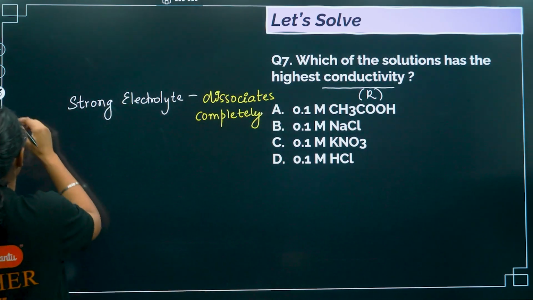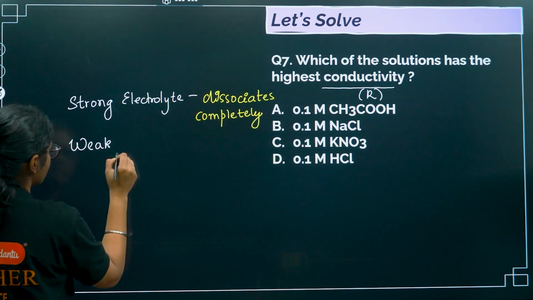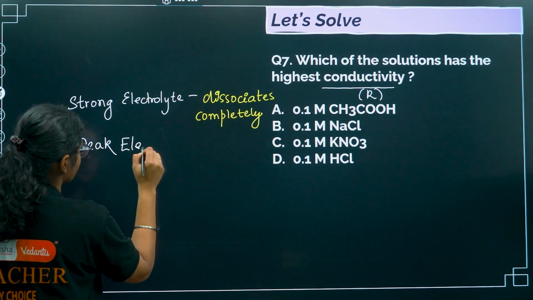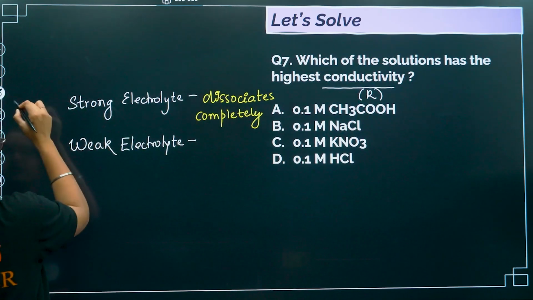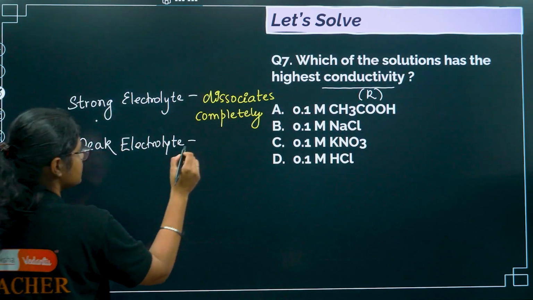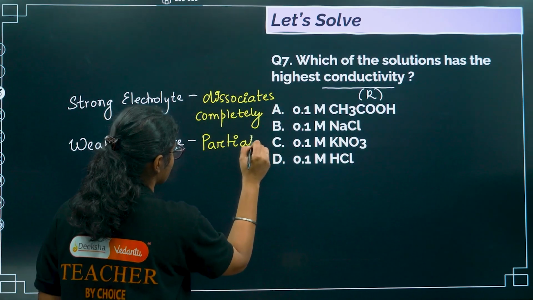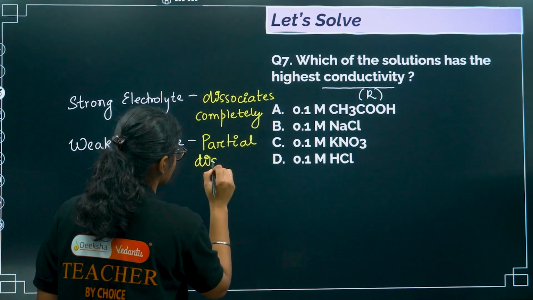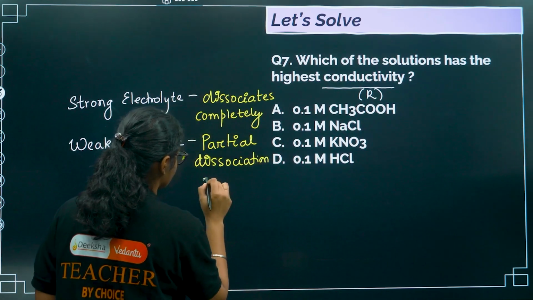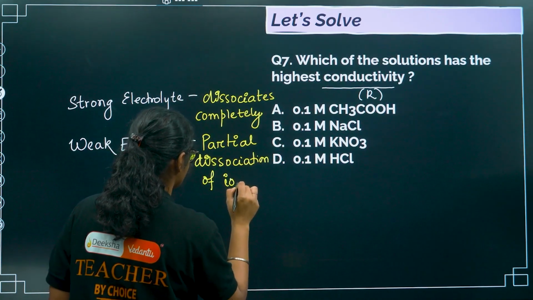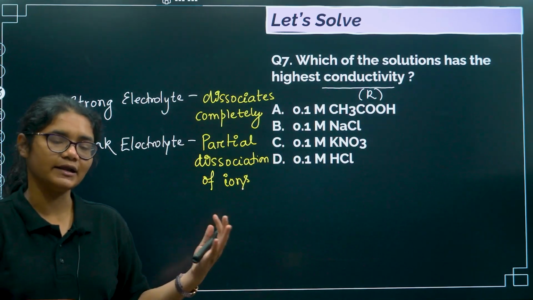And weak electrolyte means there will be partial dissociation of ions. Electrolytes, as I just told you, contain ions which can conduct electricity.